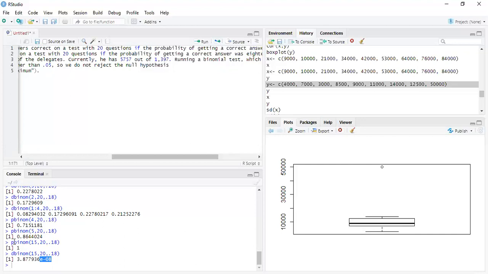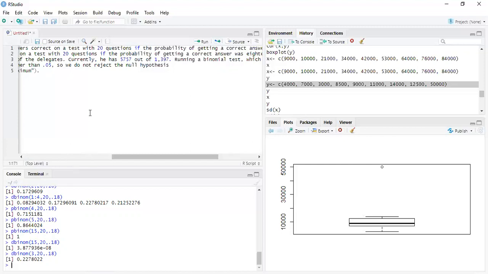I think there's a pretty much 100% chance you'll get at least something. But getting exactly 15, with the dbinom, is very unlikely. It is more likely that you will get 3. You're probably going to get 3 correct. So that's very important to understand as far as how these work.